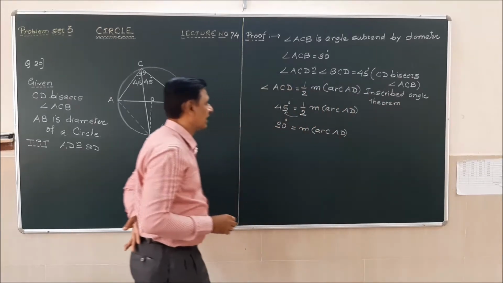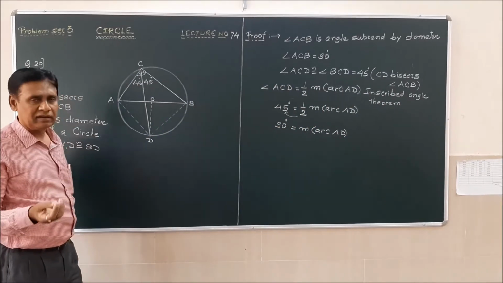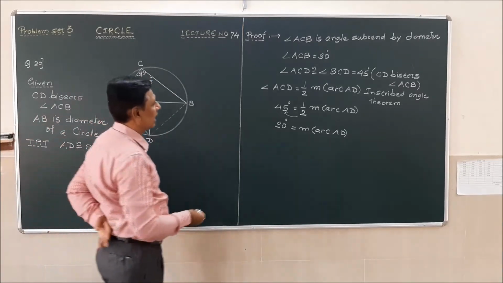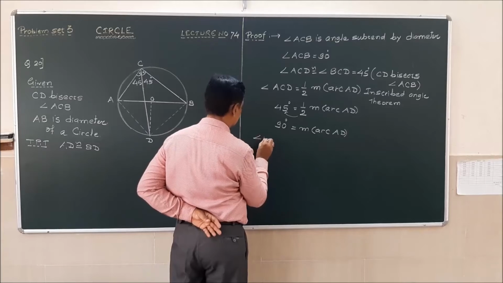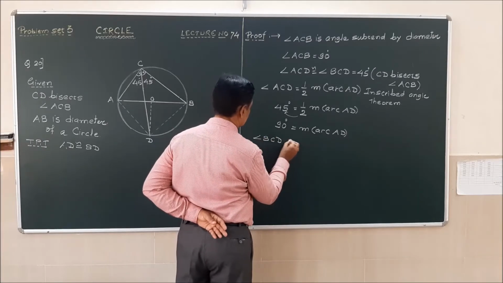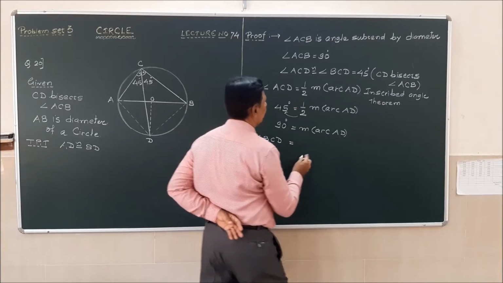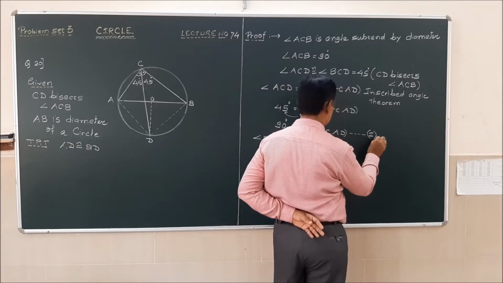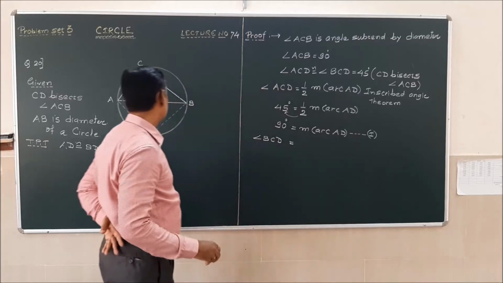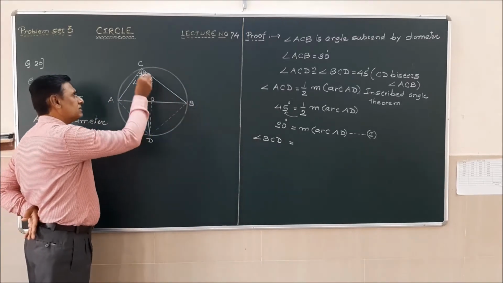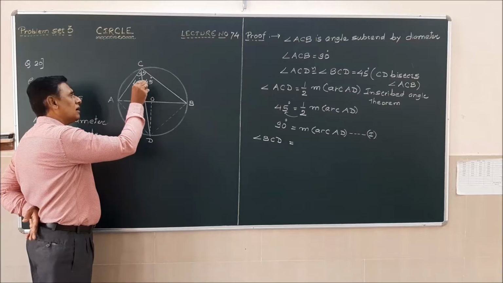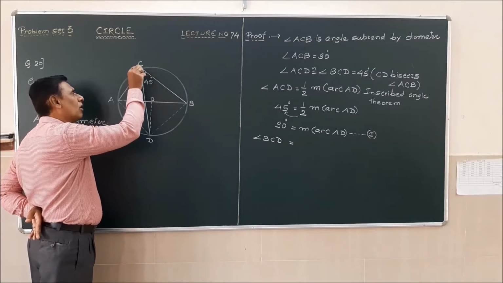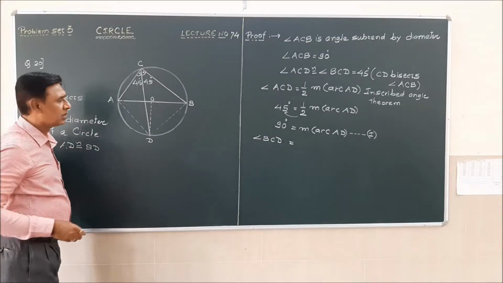Now please find from the other side. Similarly, from this side, angle BCD, if I label this as 1, the vertex of the angle is on the circle again.